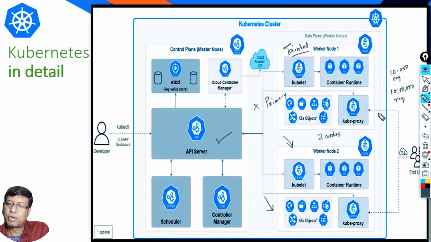Your application has become so popular that there are 1 million requests per second. Now, do you think these two nodes will be sufficient? And do you need to add one more node?